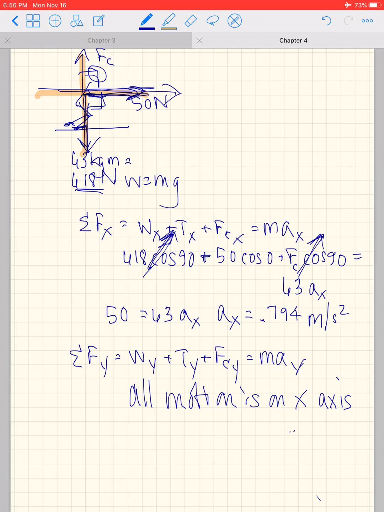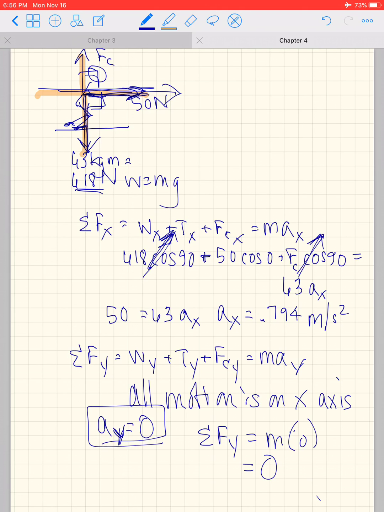He's just accelerating in a horizontal direction, so a sub y is equal to 0. This is really a key idea here. There is no y component to my acceleration. He is accelerating strictly and entirely on the x-axis. So if that's the case, then my sigma F sub y is equal to m times 0. So my sigma F sub y is also equal to 0.